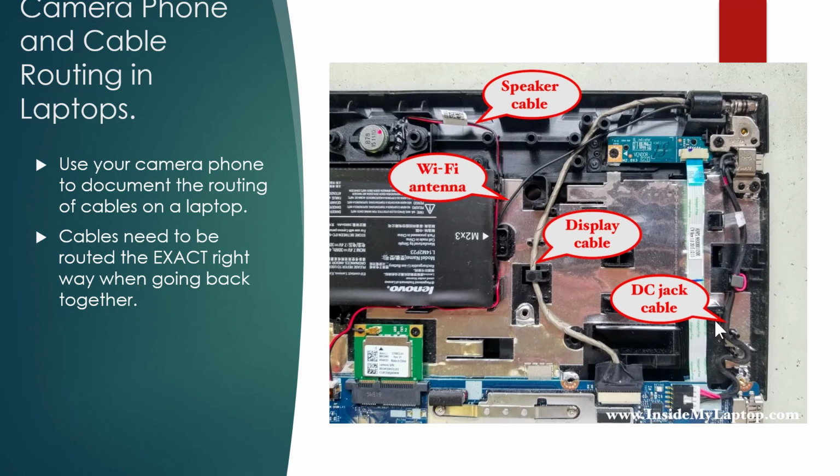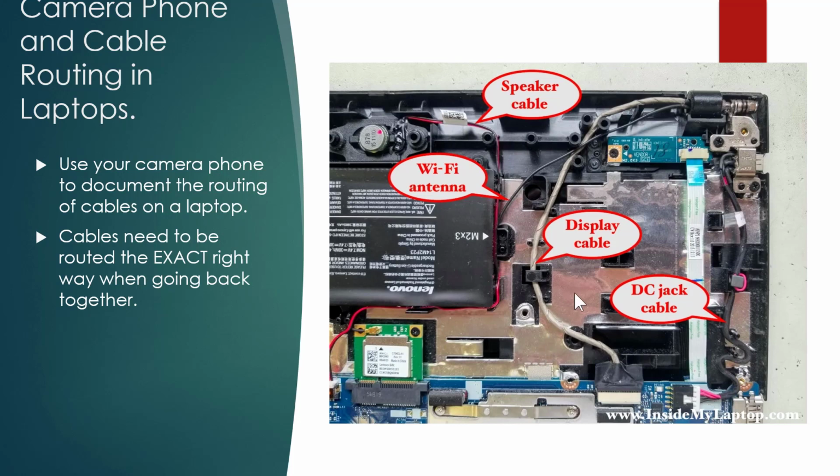So you can see this power connector right here goes a very specific route before it goes into the system board of the laptop. Or this may be a USB here, but it's taking a very specific route. Use your camera phone to take pictures of this stuff and make sure you get them back in exactly the right place. You can't just cowboy this.